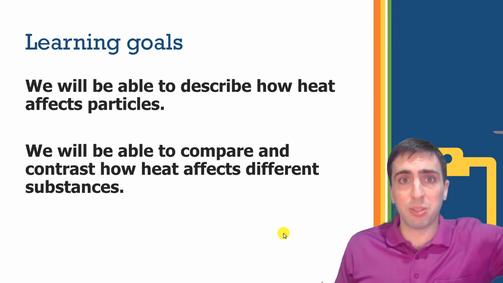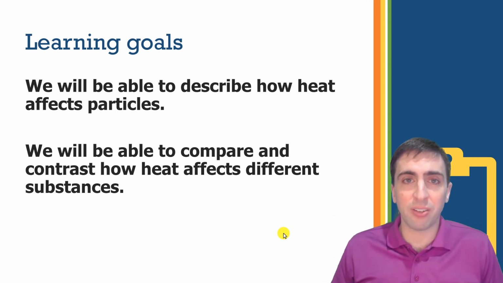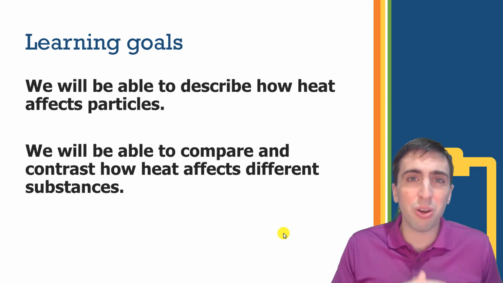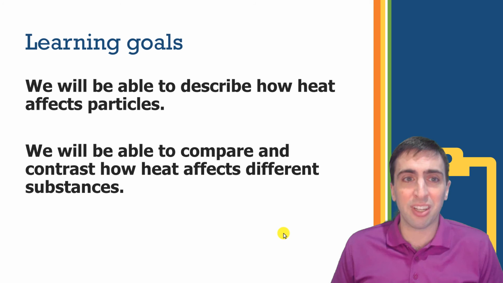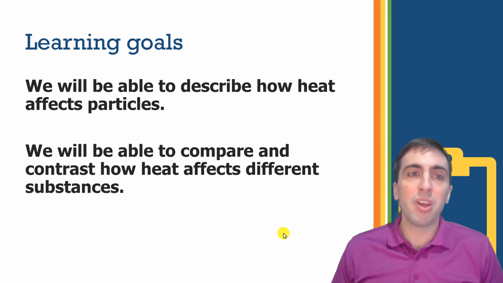The temperature must be much higher before it starts moving around. Neon starts moving around at a very low temperature, minus 200 and something degrees Celsius. Wow, very different. Okay, so it looks like we accomplished our learning goals today.